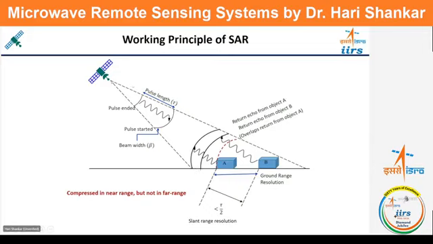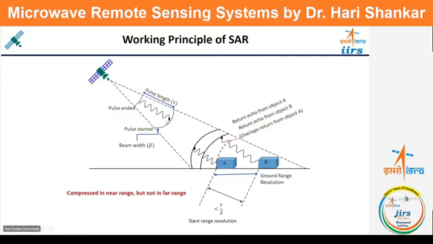Whatever signal it is sending, there are two types of signals. If it is sending a continuous wave, then it is called the continuous wave radar. And there is another type of radar that is called the pulse radar. It means it is sending pulses. Pulses means a bunch of cycles of the signal. Suppose in this bunch only 5 cycles are there.